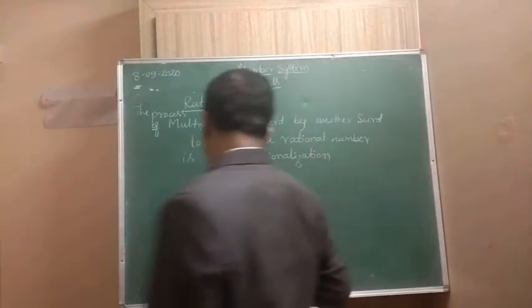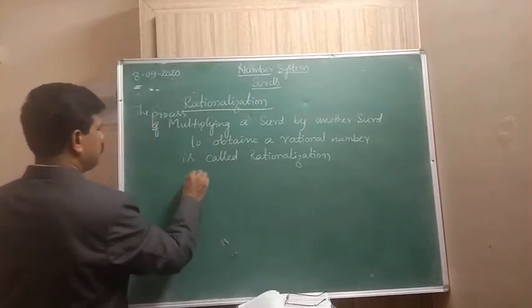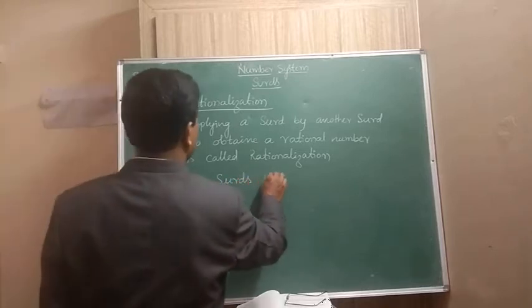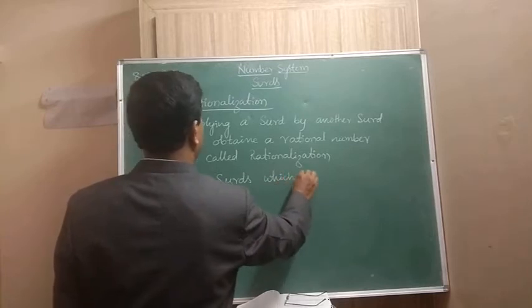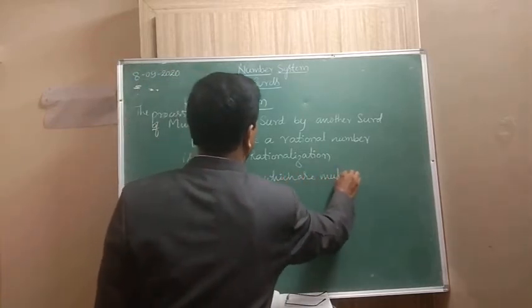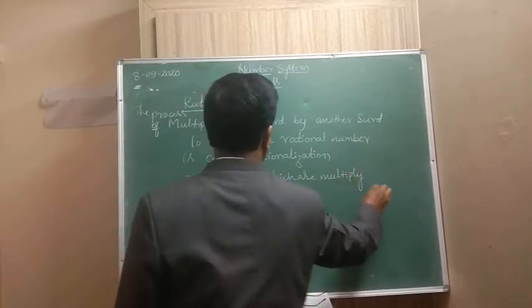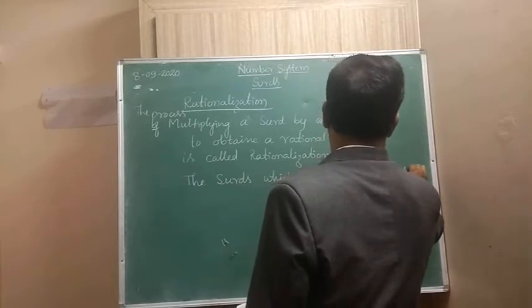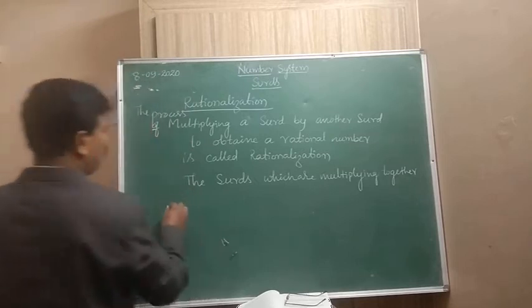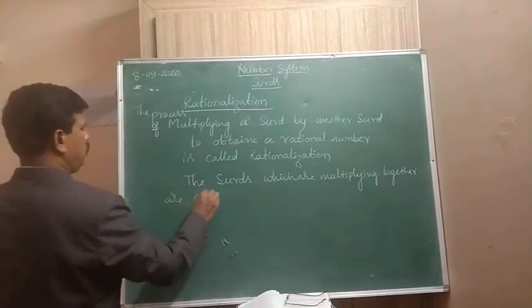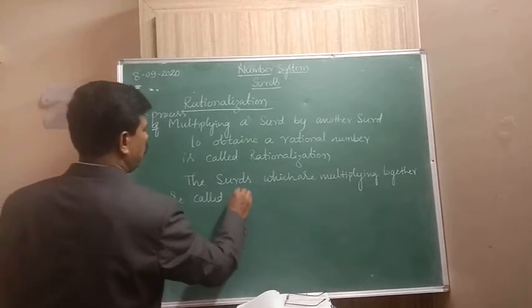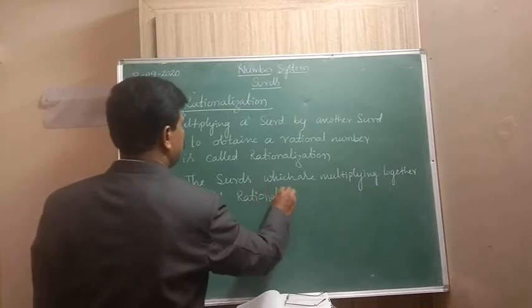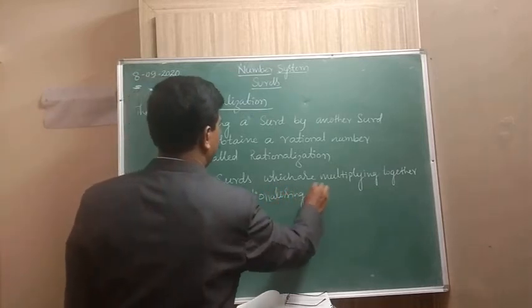Then the surds which are multiplying together are called rationalizing factors.